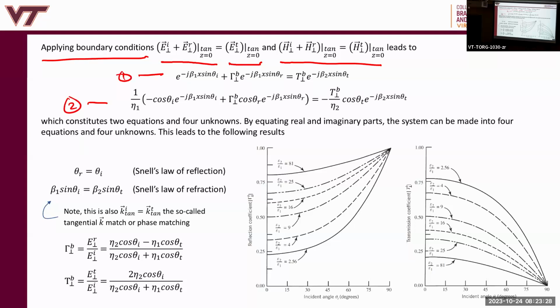What are those 4 unknowns? Let's see, they are the betas. We don't know the betas, right? So there's beta 1, beta 2, the reflection coefficient gamma perpendicular, and the transmission coefficient. That's it, right?